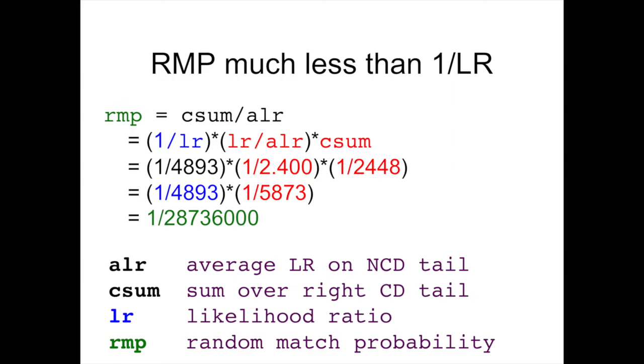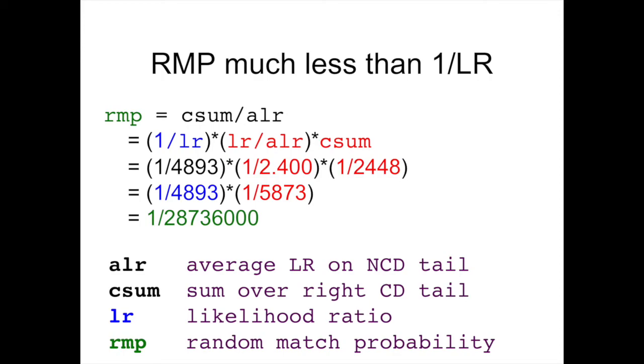And then if you write what's in those different terms, and you multiply by LR and divide by LR, which is the smallest value on that extreme set, you have 1 over the LR times the LR over the average LR times this cumulative sum. The two terms shown in red on the right line each have to be less than 1, because a minimum LR over the average has to be less than 1, and a partial sum of probabilities is going to be less than or equal to 1.